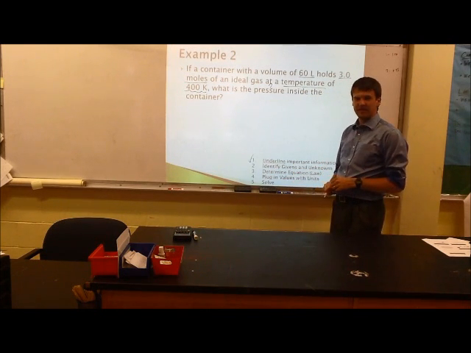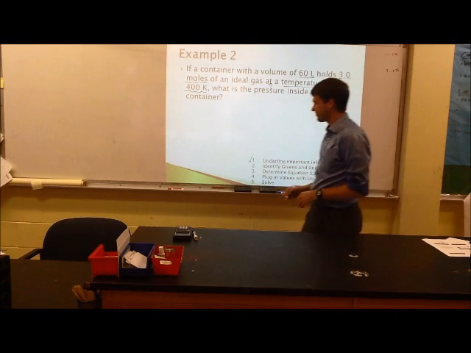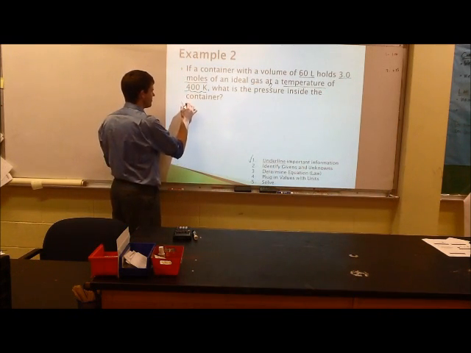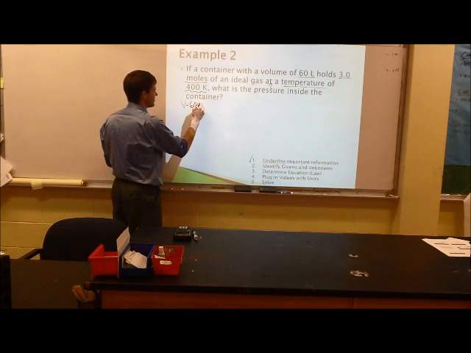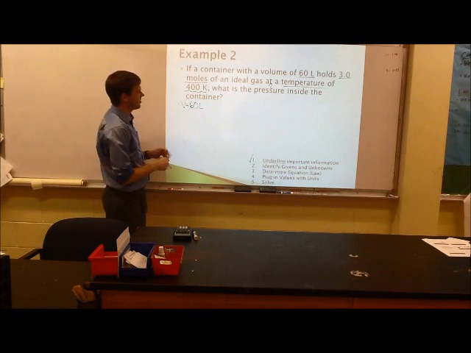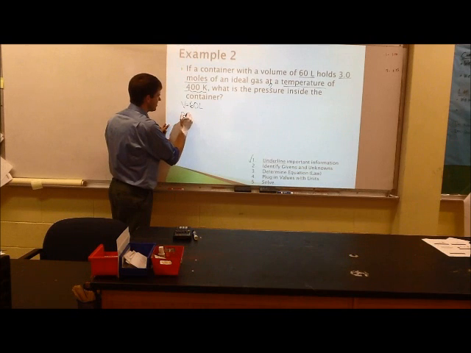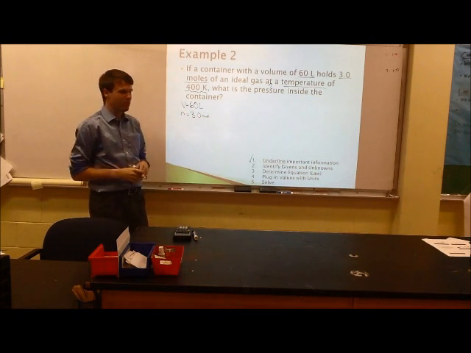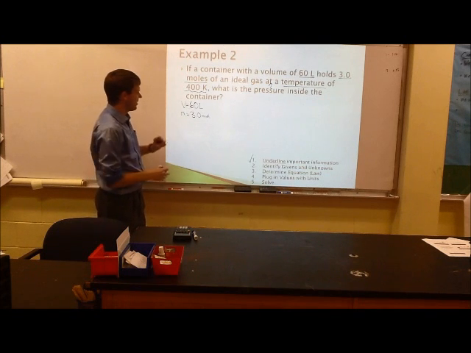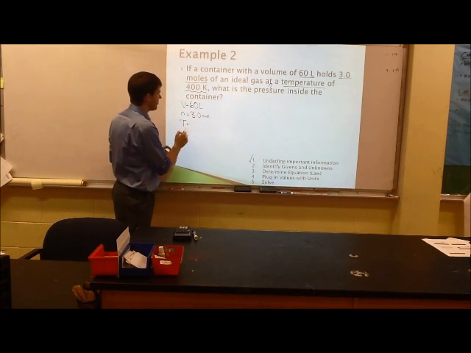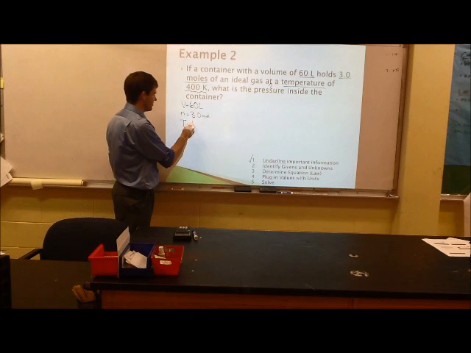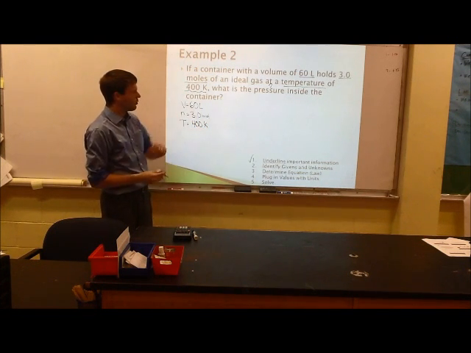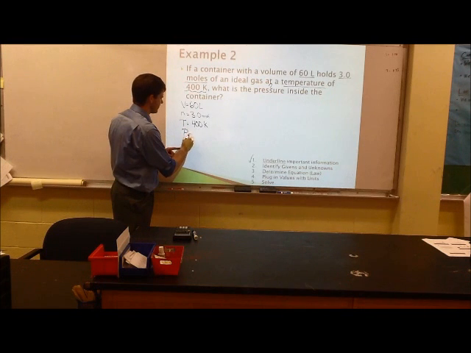Now let's identify the givens and the unknowns. So again, we have a volume equal to 60 liters. We have moles equal to 3.0 mol, that's the unit for mole. We have temperature equal to 400 Kelvin. And we have an unknown pressure.